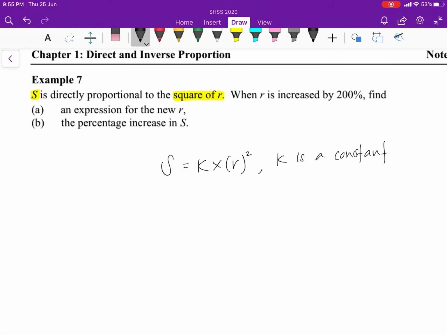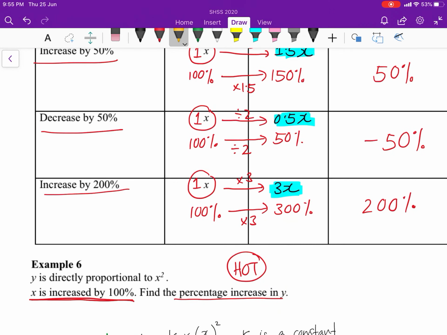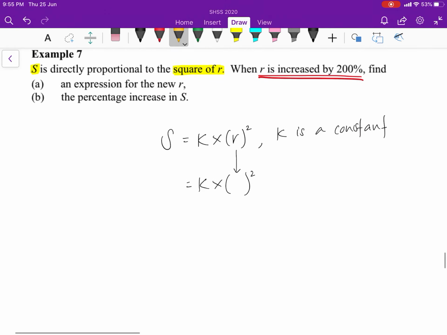When R is increased by 200%, if you remember from just now what we learned, increased by 200% means multiply by 3. So from R it becomes 3R because increased by 200%.